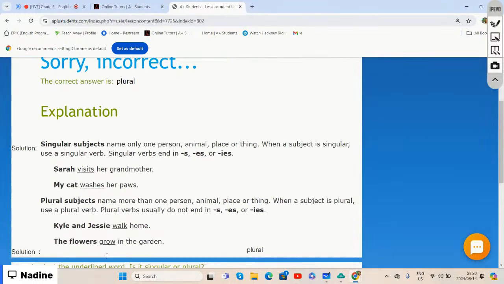All right. So we said singular subjects name one person, animal, place, or thing. And when we have a singular subject, we use a singular verb which ends in s, es, or ies. And then we have a plural subject.